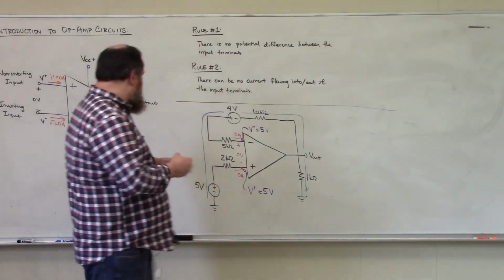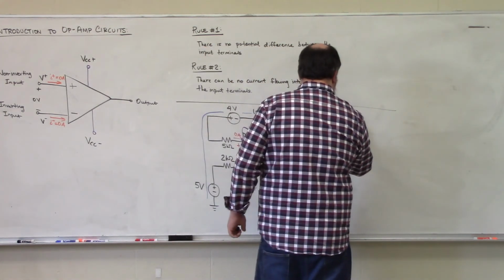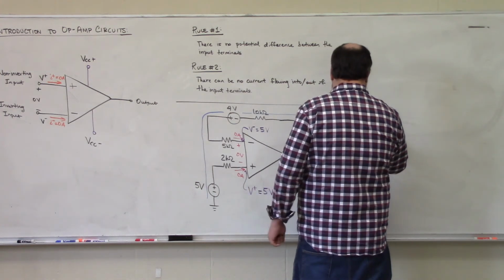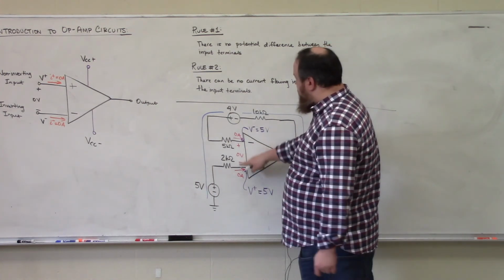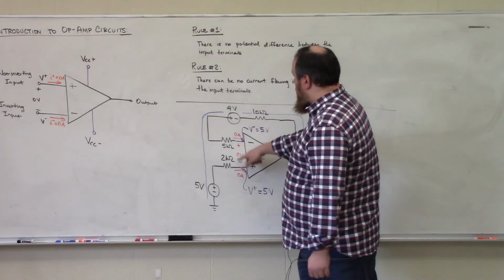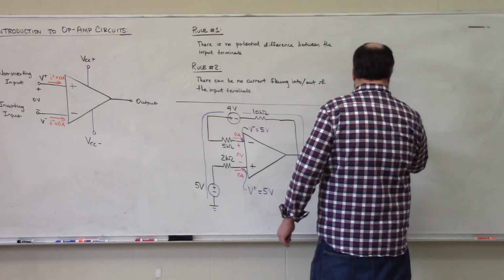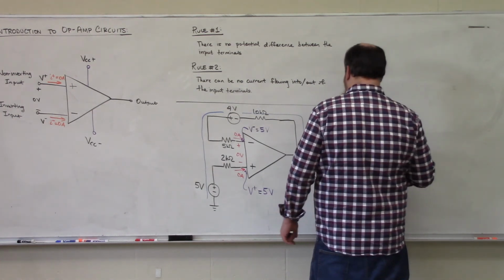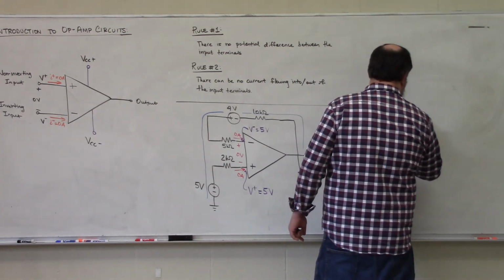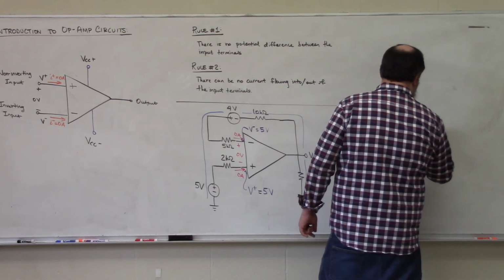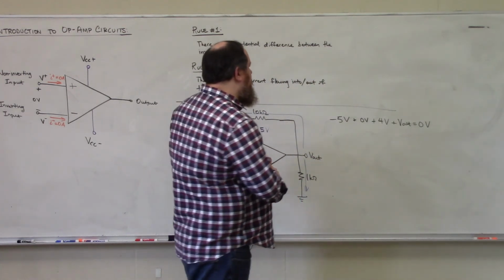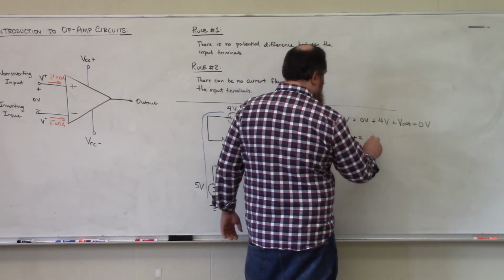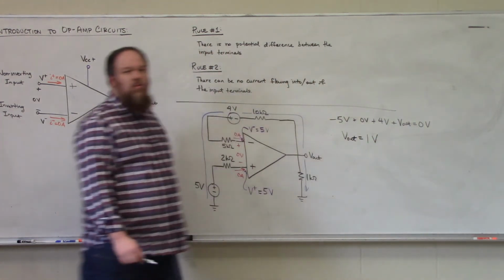I would see that negative 5 volts, the voltage drop over this source, plus 0 volts, the potential difference over these terminals, plus 4 volts, plus V out, is equal to 0 volts. And I could rearrange this to find that V out is then equal to 1 volt.